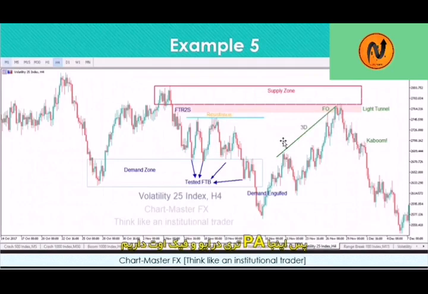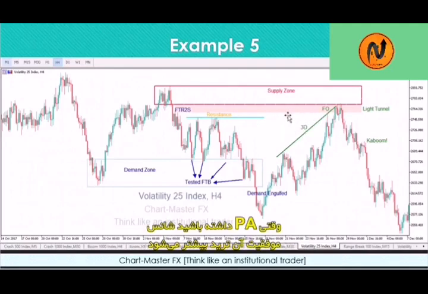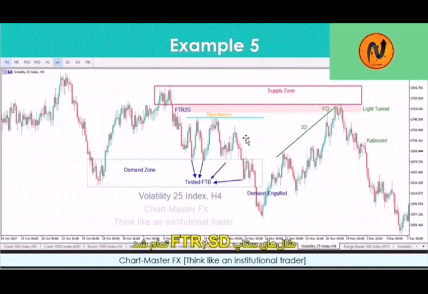So here, guys, we have a price approaching, we have a 3 drive, we have a fake out. So these increase the chances of being successful in that trade. So it's a form of confluence. Once you see that there's a confluence, then you know that you are actually increasing your chances of being successful in that trade. So guys, these are the examples of the failure to return to supply or demand.